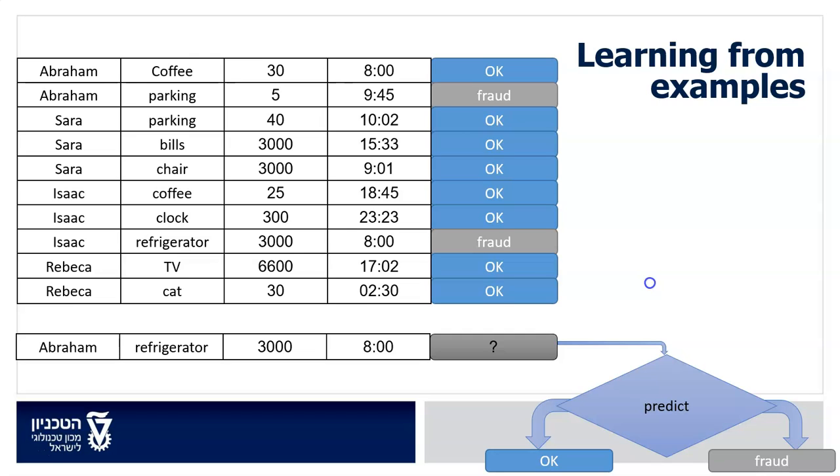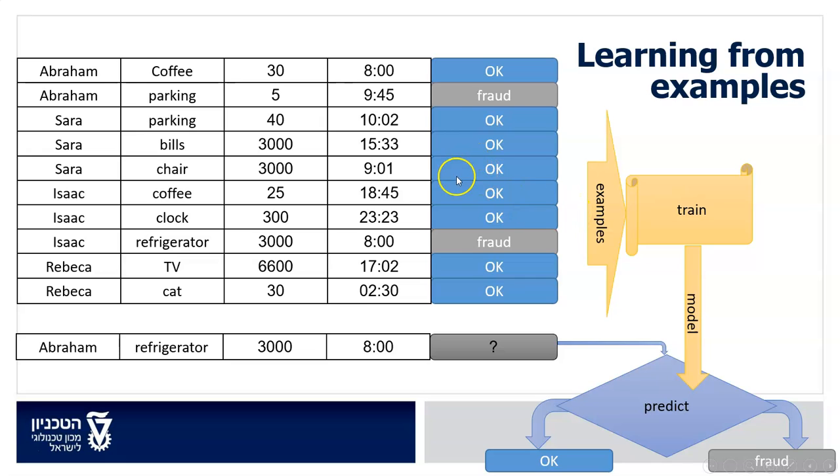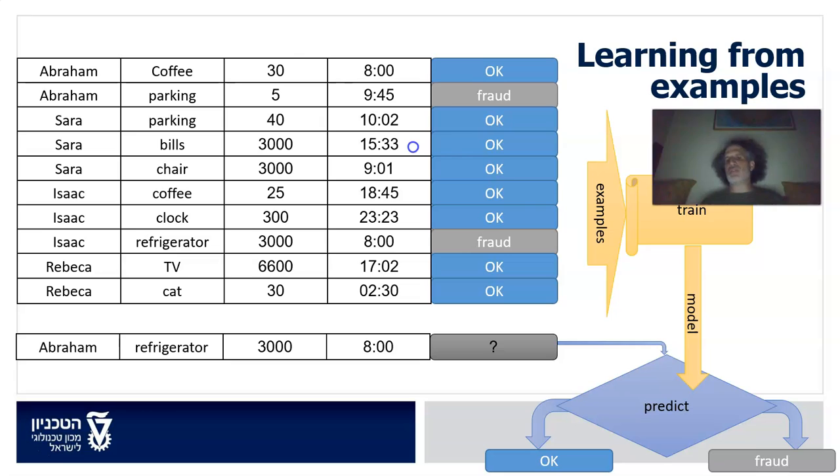We take all these examples and we train a model, and the model is being trained on this dataset. We are not going to get into the details of how we do this training, but the meaning of learning from examples is that we have a lot of labeled examples, and our algorithm is learning from this dataset, and it produces the model, and the model is used for the prediction.